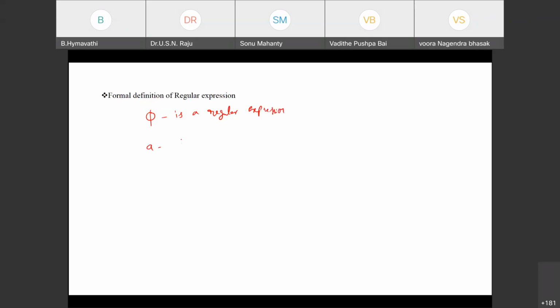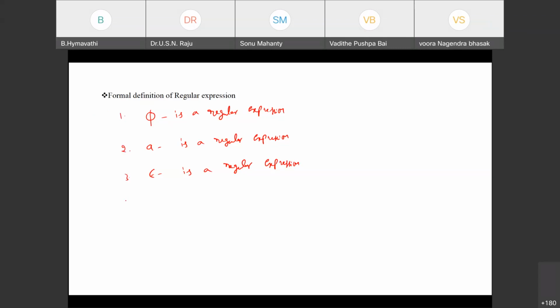Then A is also known as a regular expression. Epsilon is also a regular expression. Okay, so these are the rules.